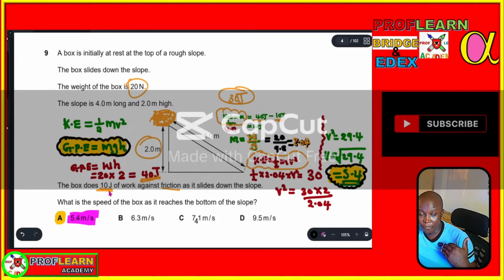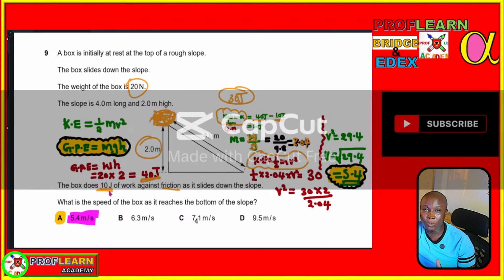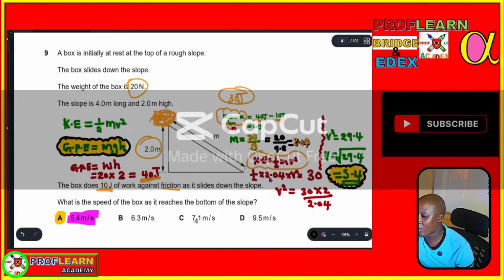So from the 40 we remain with 30 joules, which is now converted to kinetic energy. That's why I'm saying a half mv squared is equal to 30, and if you work it out, you get v equals 5.4, which is our speed at that given point.